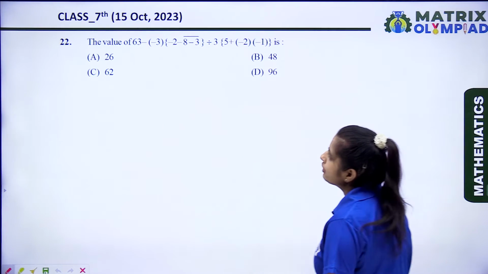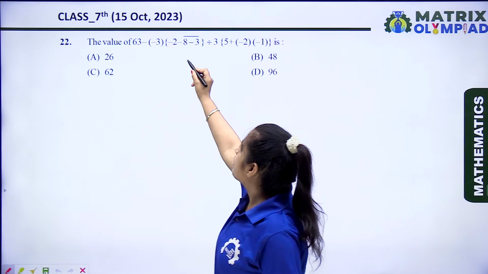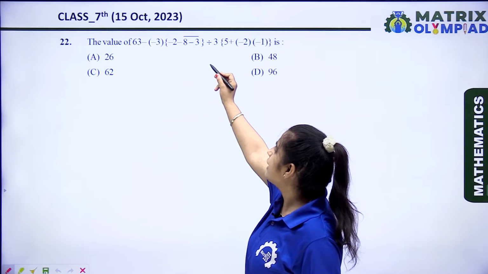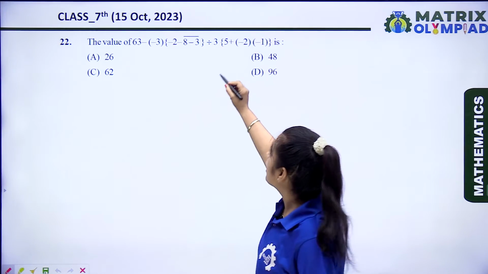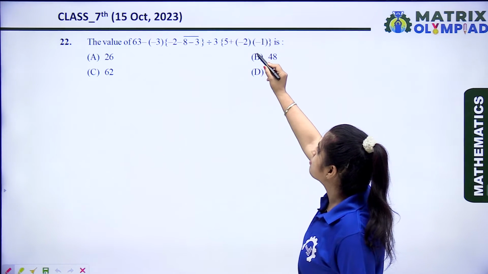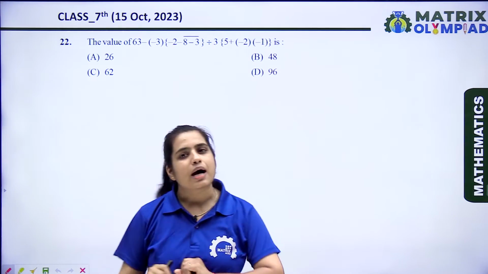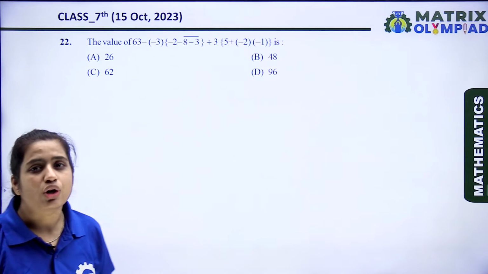Now let's start the next question of this part. The value of 63 minus the bar of (-3 minus 2 minus 8 minus 3) divided by 3, then curly bracket start 5 plus (-2 multiplied by -1) curly bracket close is. आपको इस expression को solve करना है.